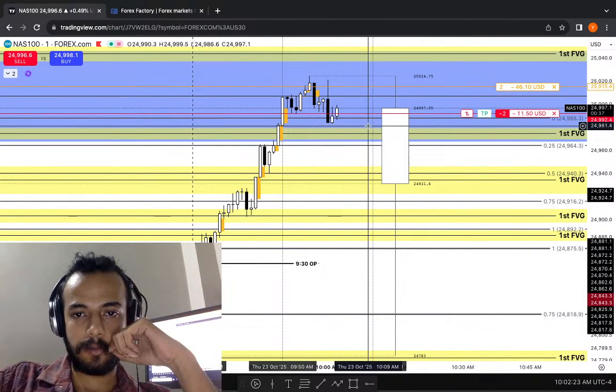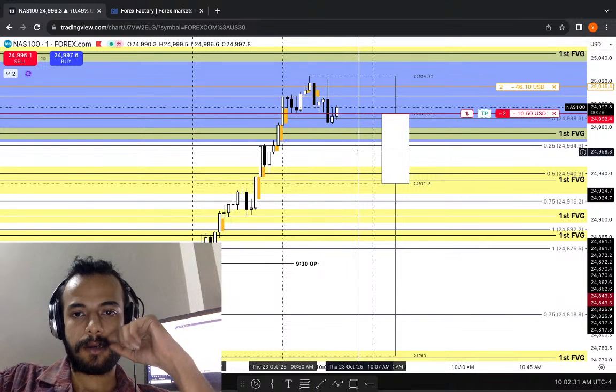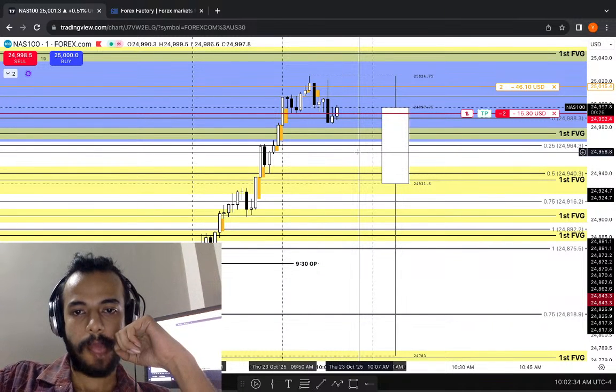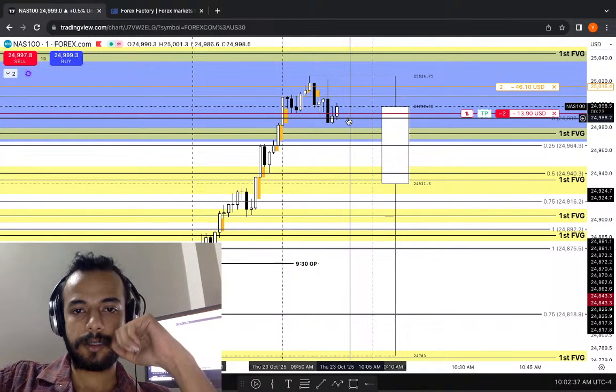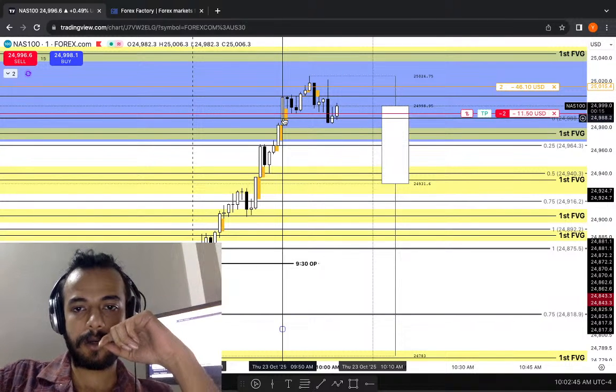That is not good. It should break it. The point is, it is respecting this buy side imbalance, sell side inefficiency. It is something I did not want to see.